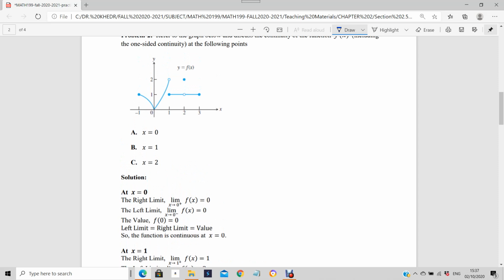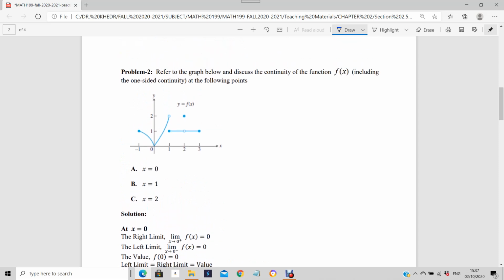Let me add one more point here at x equals 3. The limit from the left side, the limit of f of x from the left side, equals 1.